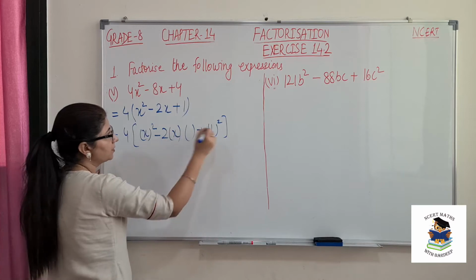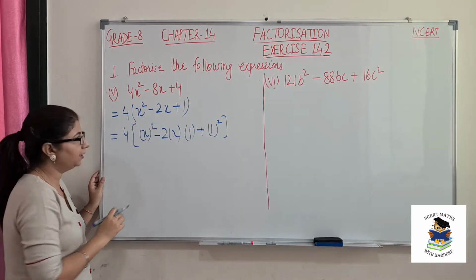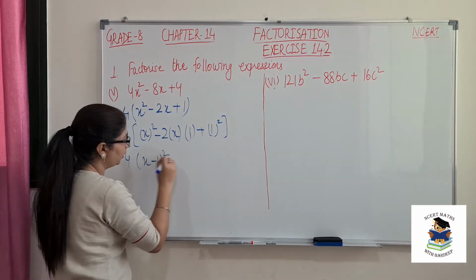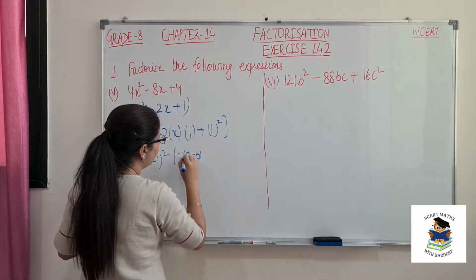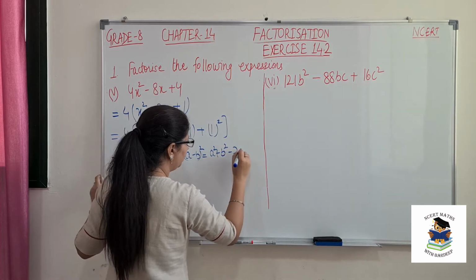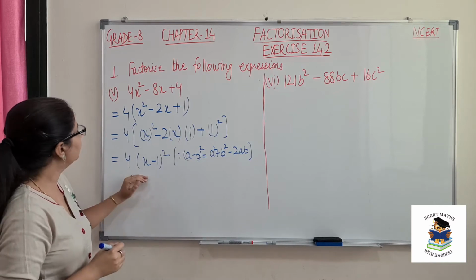A is x, B is 1. So we can see minus 2x will be there. So we can write this as x minus 1 whole square, because a minus b whole square is equal to a square plus b square minus 2ab. Right? So this is our fifth part.